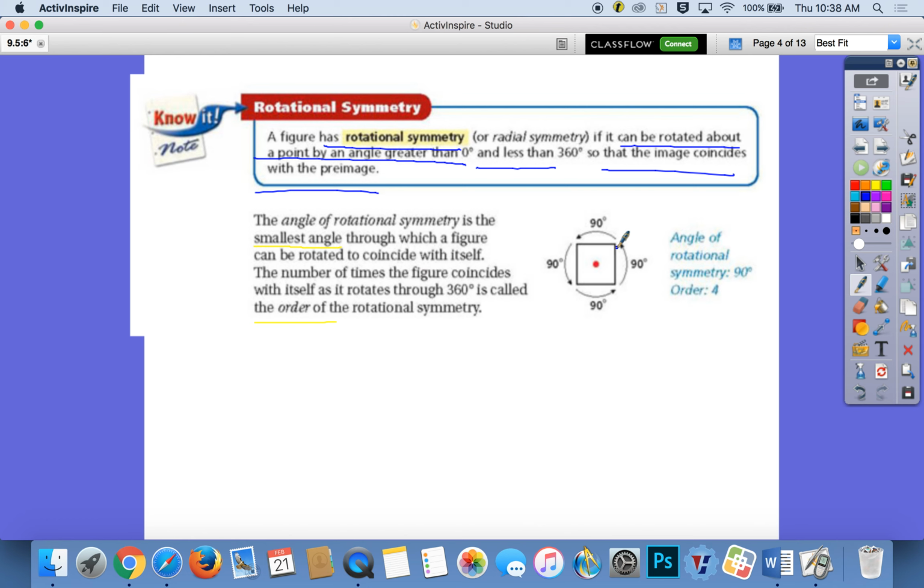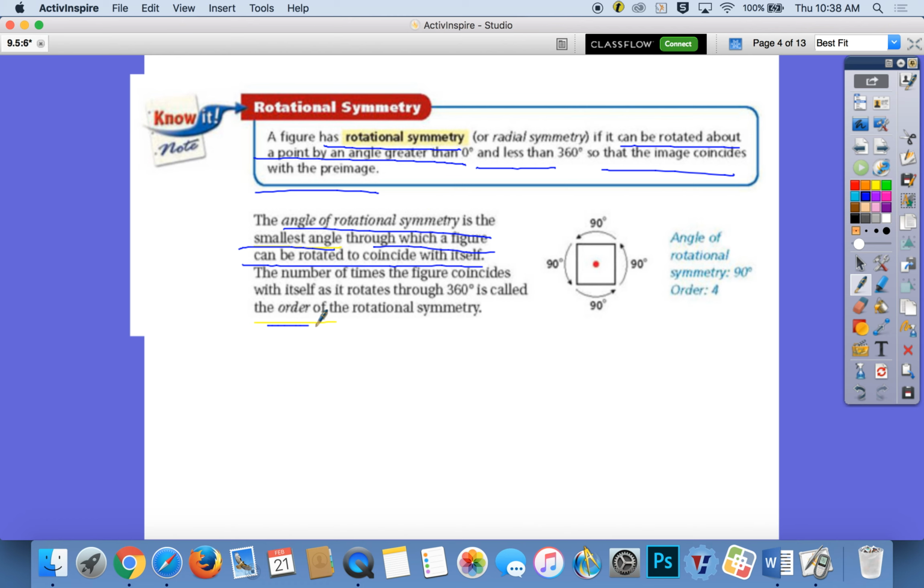If I rotate it about this point, it's going to lie right on top of itself. I can do it again, and again, and again. So the angle's greater than 0, but less than 360. Your angle of rotation is the smallest angle through which a figure can be rotated to coincide with itself, or to be congruent to itself.